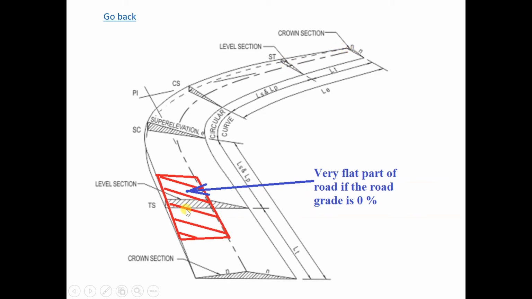This part could be quite long if it's a big curve on a flat road, and it could be some problem. This part of the road has no longitudinal grade and no grade on the transverse grade as well.